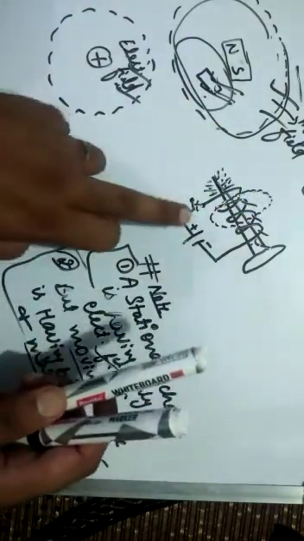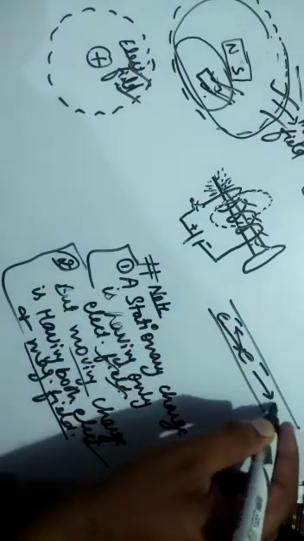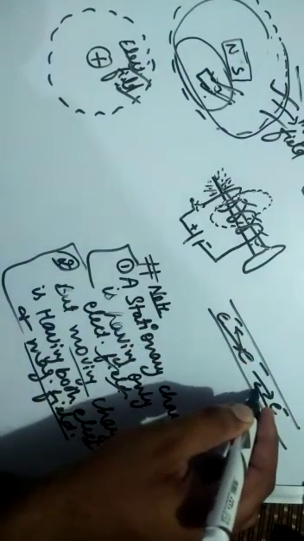Or even if you people will say, sir, charges are always moving in a wire even when the switch is off, but in a wire there is no net flow of electrons, meaning they are not moving in a particular direction. This you have studied already, because when there is no potential difference, we have studied in the previous chapter of physics.